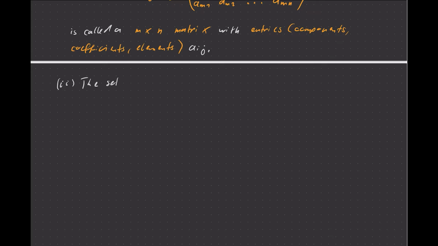So the set of all m by n matrices is denoted as R to the m by n. So if I write a matrix is an element of R to the m by n, that immediately clarifies how many rows and how many columns that matrix will have.